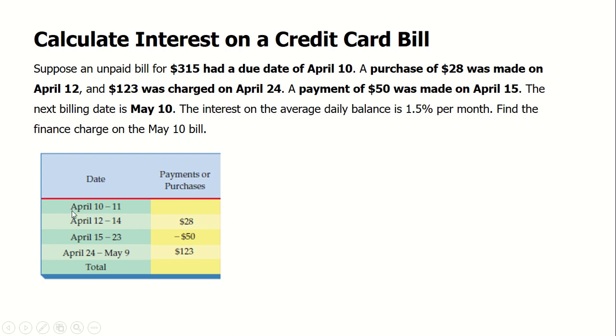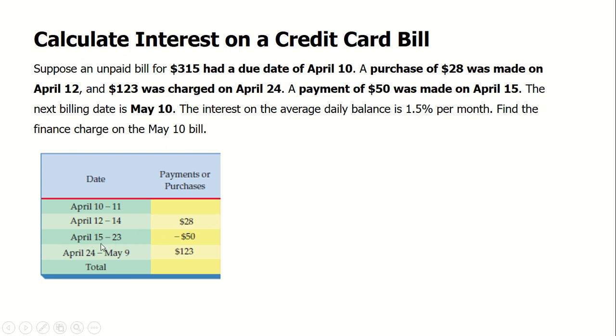You start with April 10 up to 11, since you had a purchase on April 12. You don't put anything here since you didn't have any payments or purchases. April 12 to 14, you made a purchase of $28 on April 12.